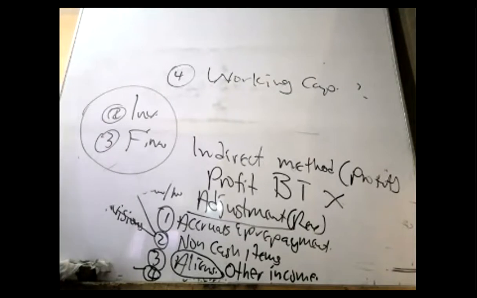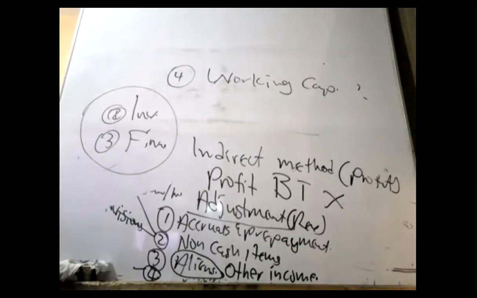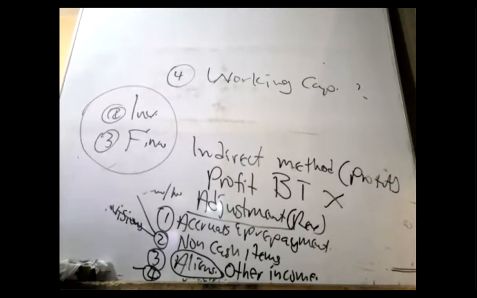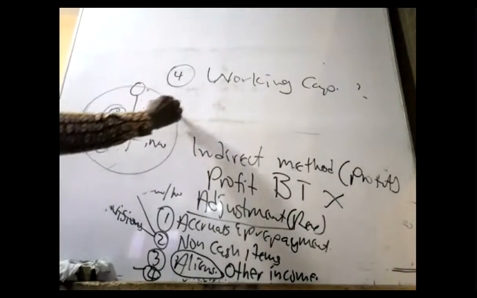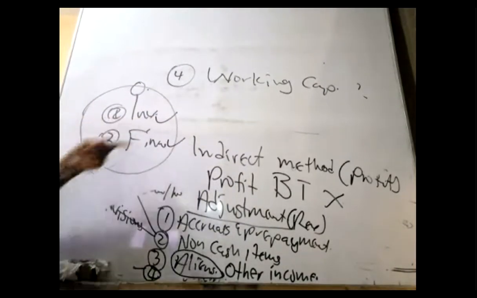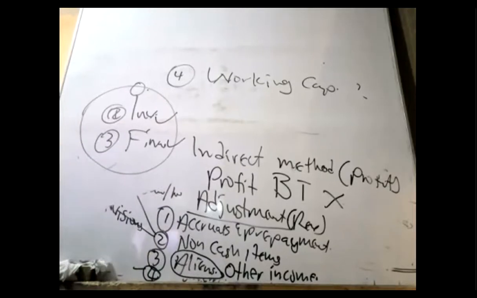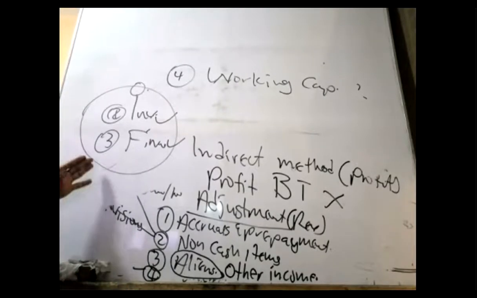So for instance, if the examiner asks you to use the direct method and you are not comfortable with it, prepare the one that you know. You only get the operating activity wrong. You get the investing and financing correct, because for investing and financing there's no indirect method.